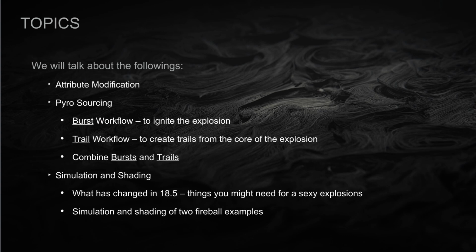After all of this sourcing, we will talk about simulation and shading: what has changed in 18.5 and how you can make your explosion look really nice. Simulation-wise, we will be looking at two examples.